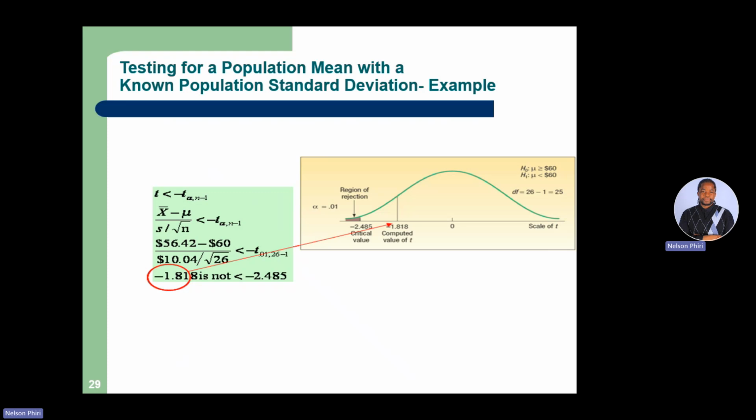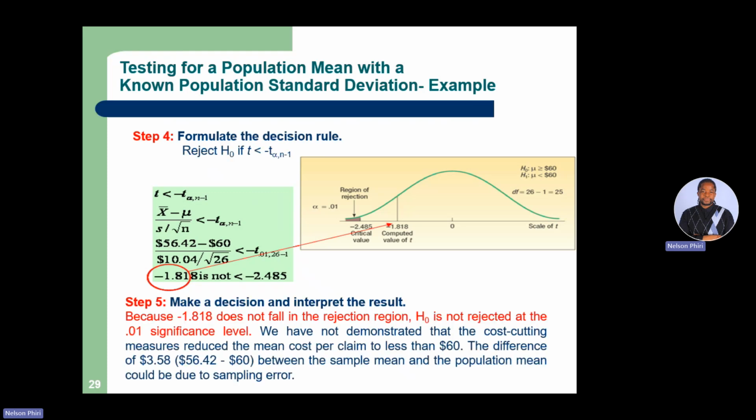So that is your t-test, which is greater than negative 2.485, so it lies within the acceptance region. It means we do not reject H naught since it doesn't fall in the rejection region. Hence, we have not demonstrated that the cost-cutting measures reduced the mean cost to less than 60. The difference between the population mean and the sample mean could just be a sampling error.